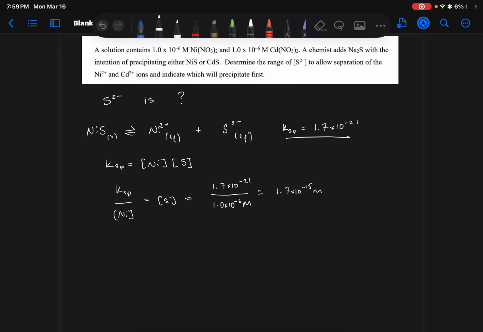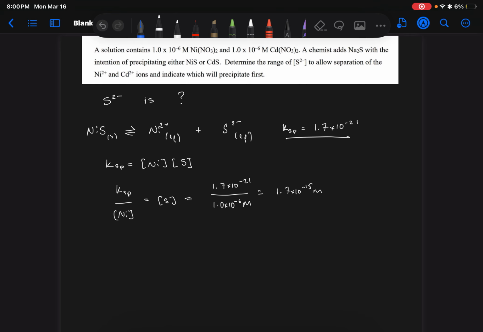I'm not fully sure if that makes sense. We're trying to find the concentration of sulfide ion that will lead to a precipitate forming. So we need the Ksp value of the solid we're trying to precipitate.